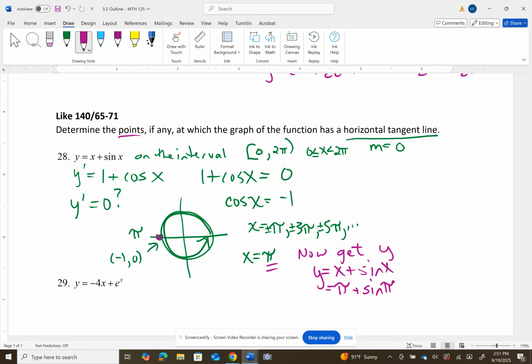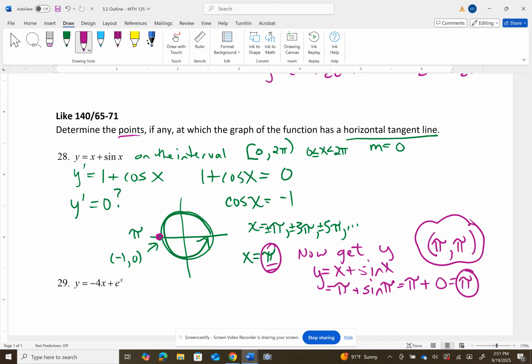Okay, and the sine of pi is 0. And so it's going to have a horizontal tangent line at the point, an x being pi and the y being pi. So that would be the answer. The points where it has a horizontal tangent line would be pi, pi.